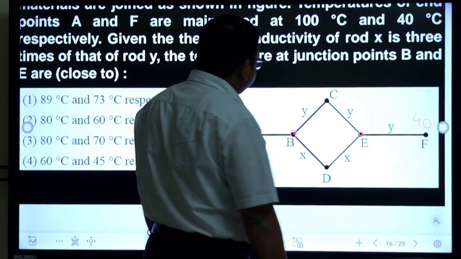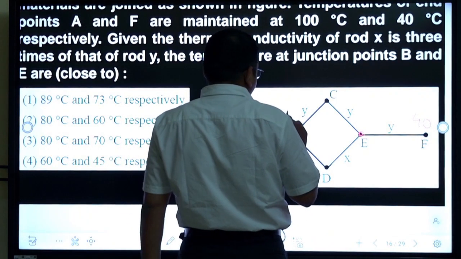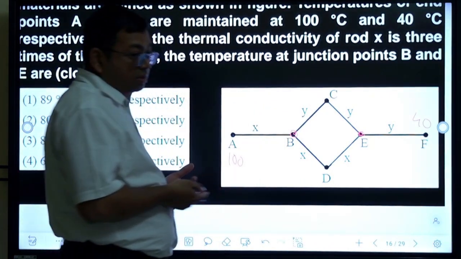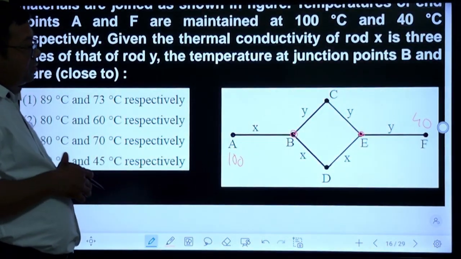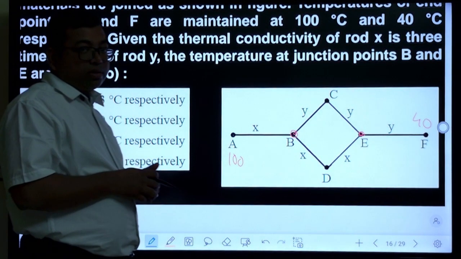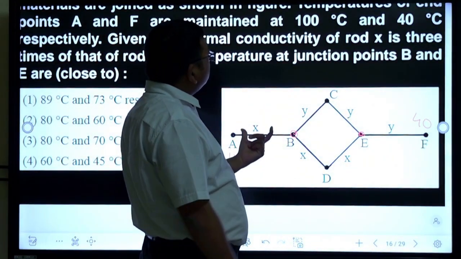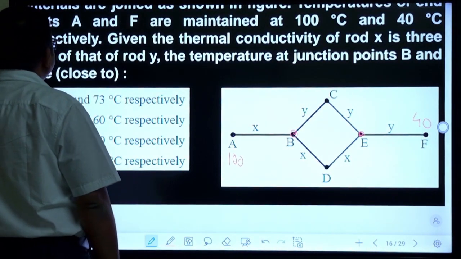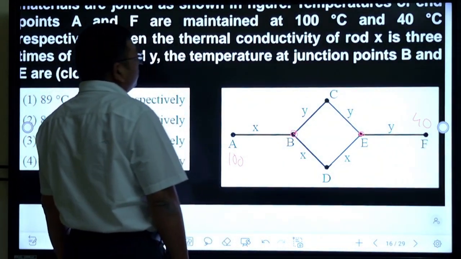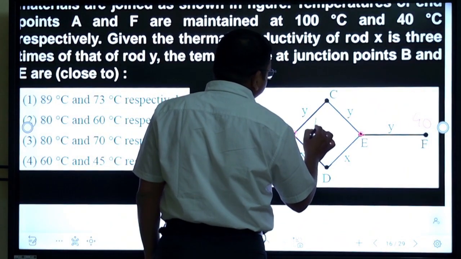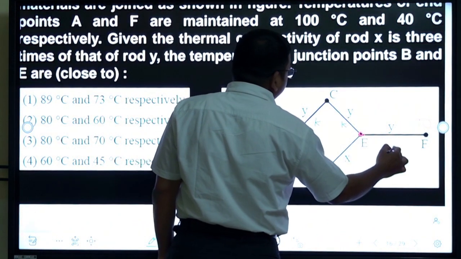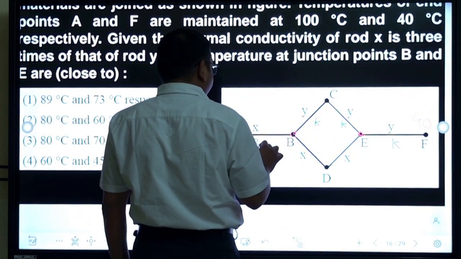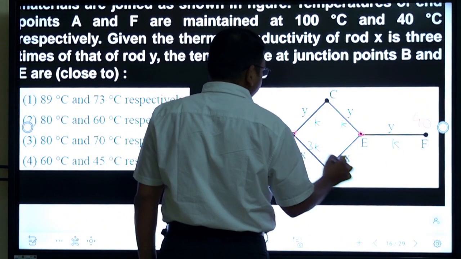If you want, you can write in terms of resistance or in terms of conductance, anything is okay. But they have given X as 3 times conductivity. Suppose you take this conductivity as k, then you have to take this as 3k, 3k, 3k, correct?